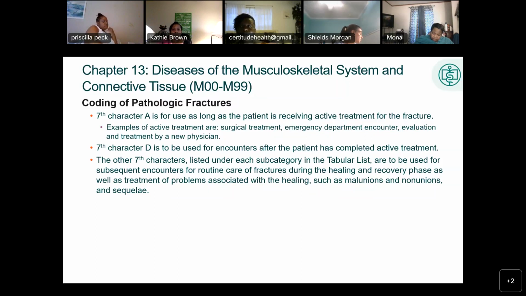Say, for example, if someone has osteoporosis, one of the main symptoms or issues with that condition is that it causes frequent fractures because your bones are so brittle and don't have the density that they used to because of the lack of calcium. That would be an example of a pathologic fracture.